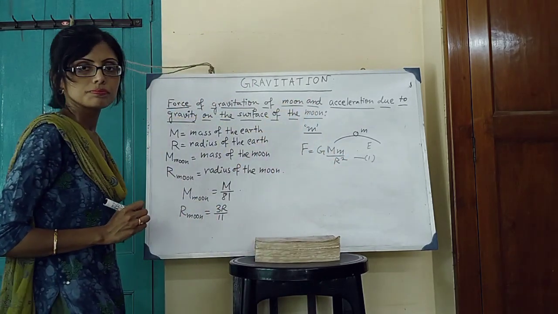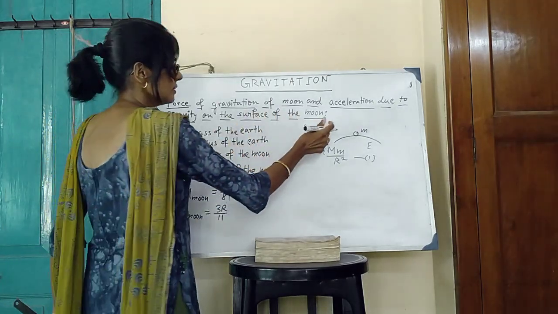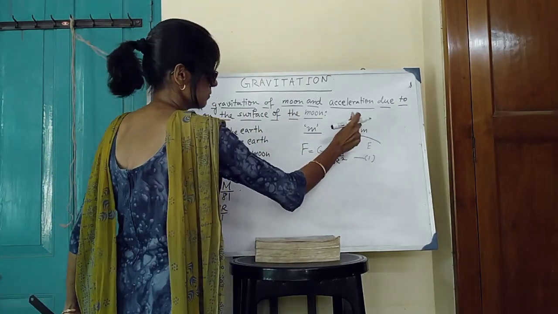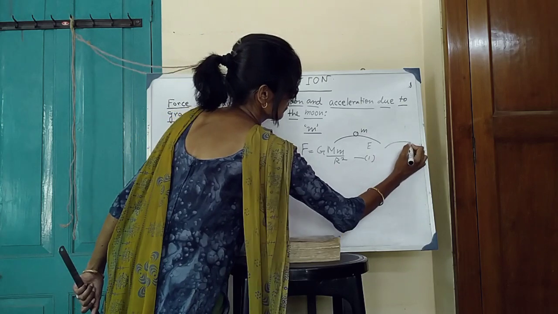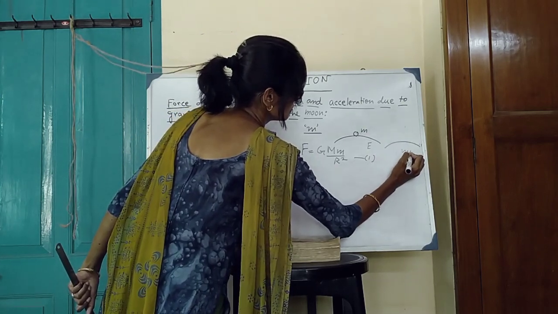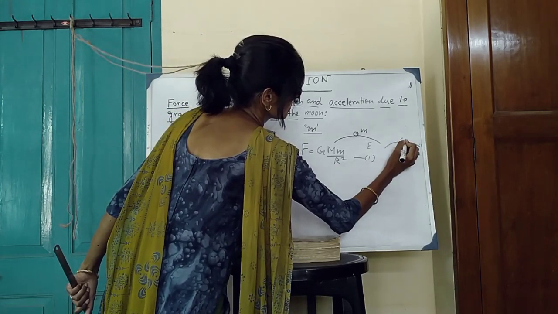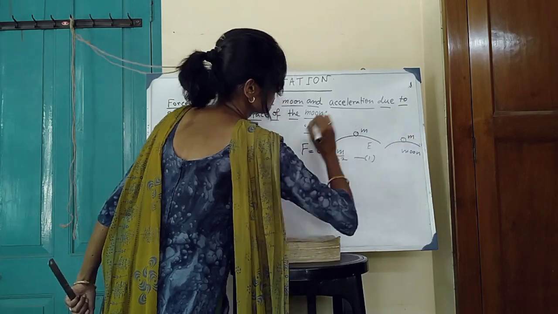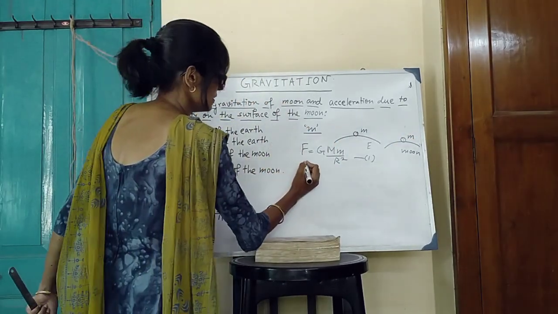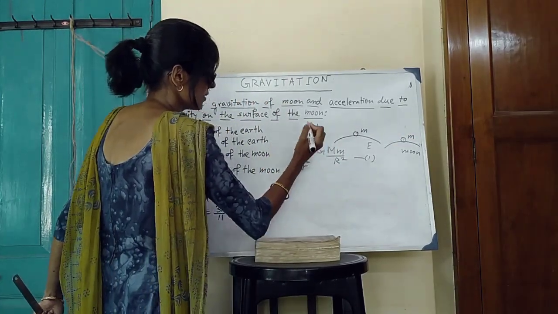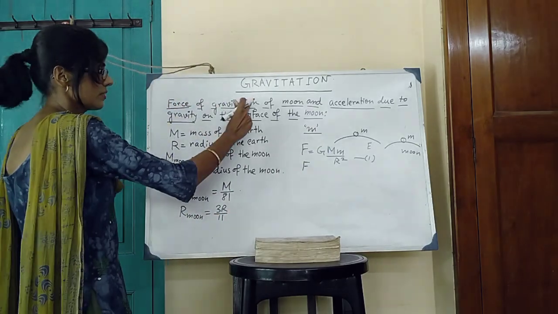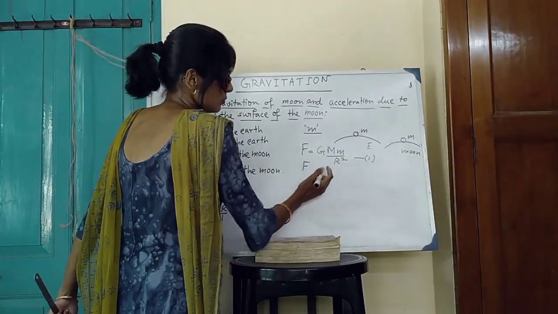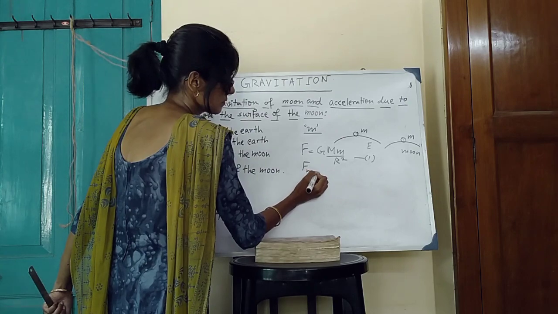Equation number 1. Now bring the same body of mass m on the surface of moon. Mass is same. Then suppose the attractive force, means force of gravitation of moon, is F moon.